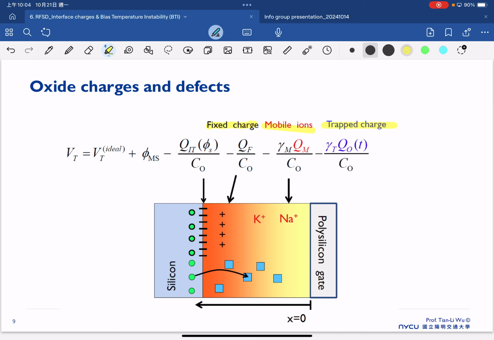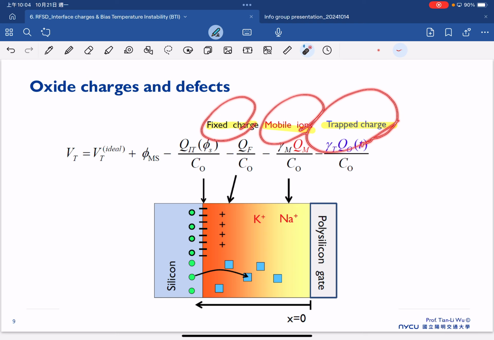But once you really fabricate those transistors and measure the threshold voltage, you might find out that the real threshold voltage is completely different from your estimated value. This is because all these three terms also create an impact on our threshold voltage. And these three terms mainly come from the material properties, the process, and so on.